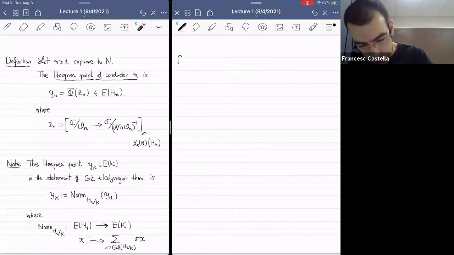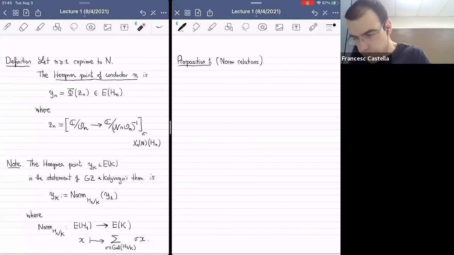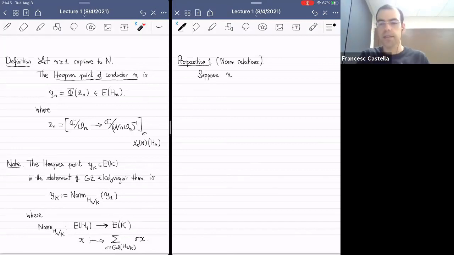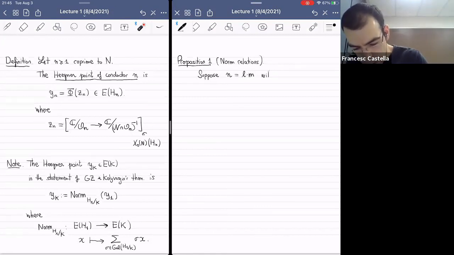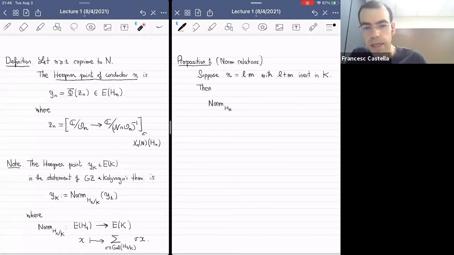Okay, so this is our first proposition, the norm relations. Suppose we have one of these n as before, coprime to N, and suppose it's of this form, ℓ times m, with ℓ not dividing m, inert in K. Then what we can do is, we have the point y sub n defined over this H_n.